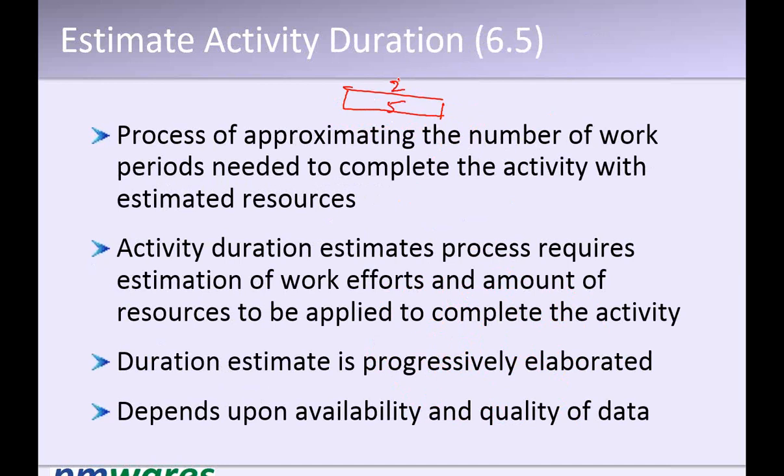Now suppose you get only 1 resource out of it. Then the duration will increase to 10 days, right? It could be a little bit more or less. But this is how the number of resources helps us to calculate the duration of each activity.